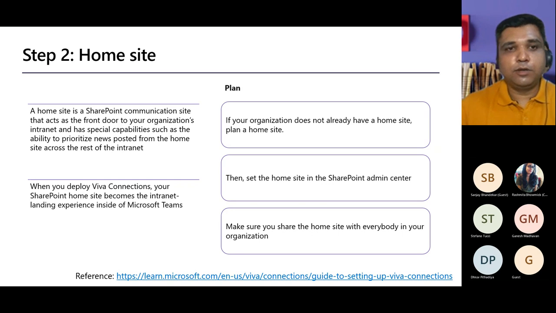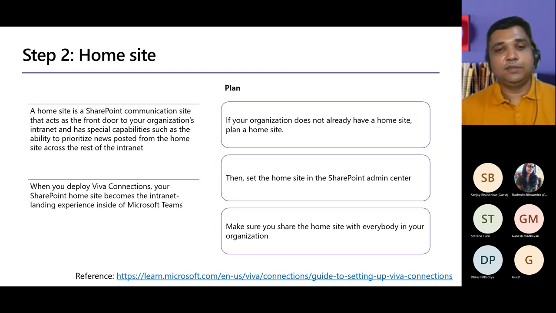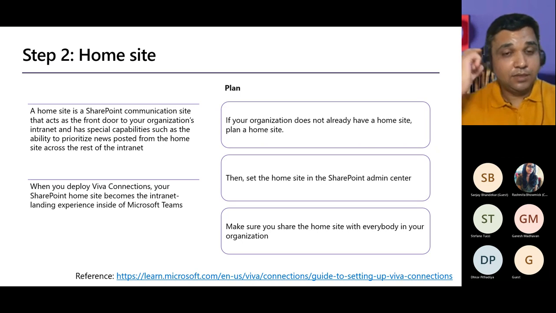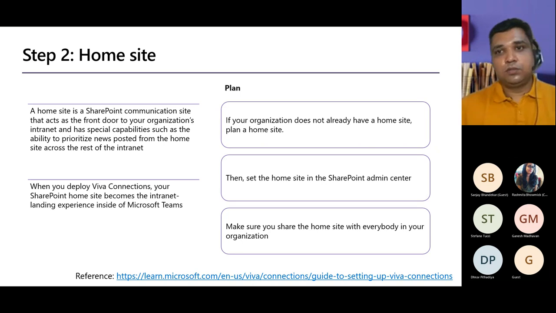For example, if you want to prioritize any of the news posted, or surface any of the content across the intranet, you will be able to do that from a home site. When you deploy Viva Connections, your SharePoint home site becomes the landing experience inside Microsoft Teams. In simple terms, your home site will be showcased inside Microsoft Teams as a Viva Connections app.